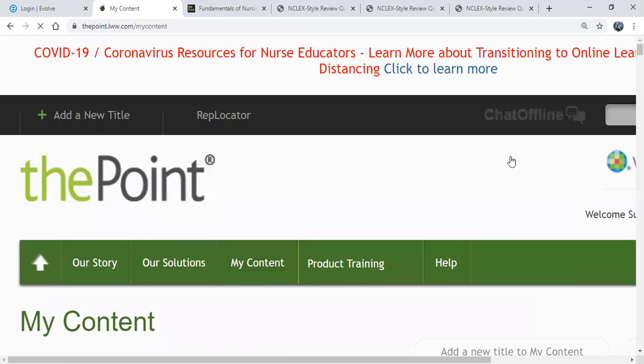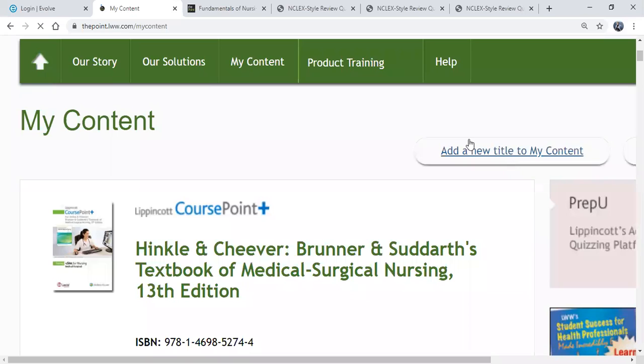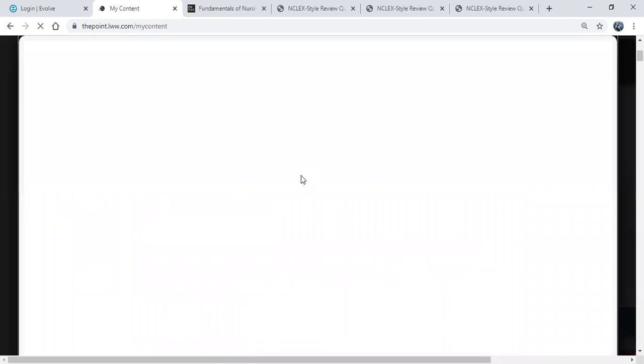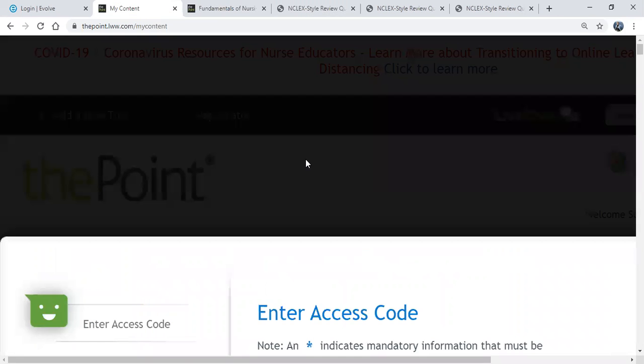And when you go into the point, it's add a new title. You see my screen? Yes, I see your screen. So add a new title. And then when you hit that add a new title, you're going to put that code in that you scratched off. Okay. And then you hit next, okay? Now that will load this book onto your computer.